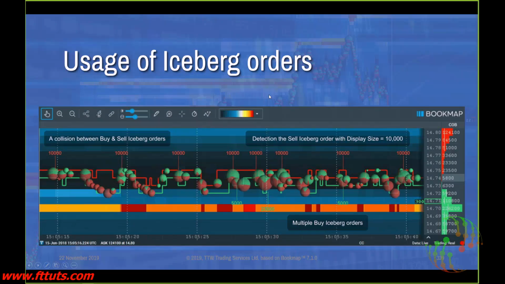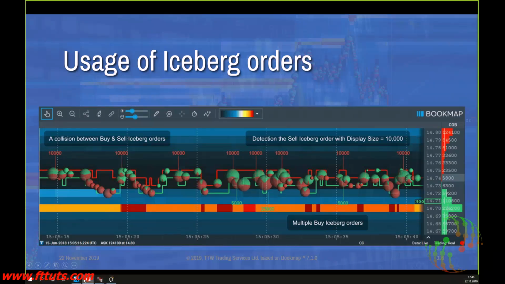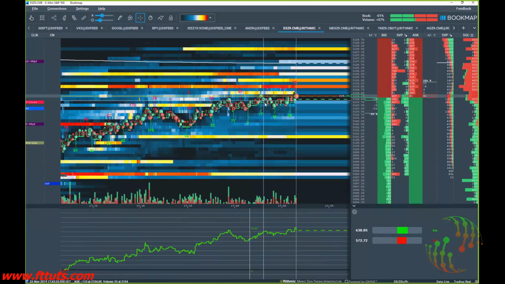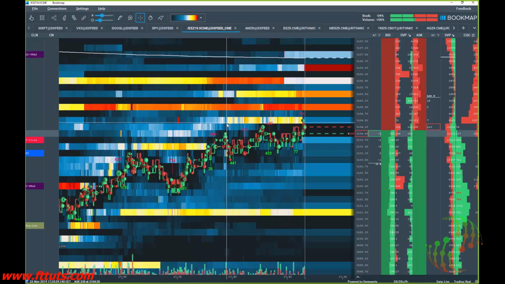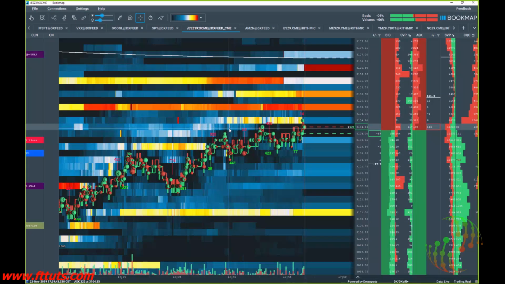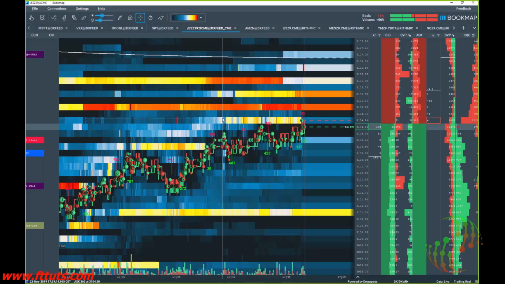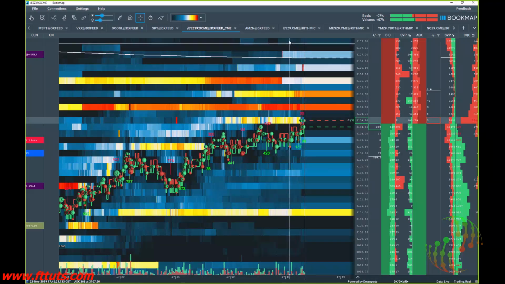You should know about the function of iceberg orders and how they work. From my point of view, it's really hard to spot what is really going on here. And that's the second disadvantage: I have different numbers with Rithmic and different numbers with the DX feed. If you are using other data providers, you will have other numbers as well. So which number is reliable? What is the right number?